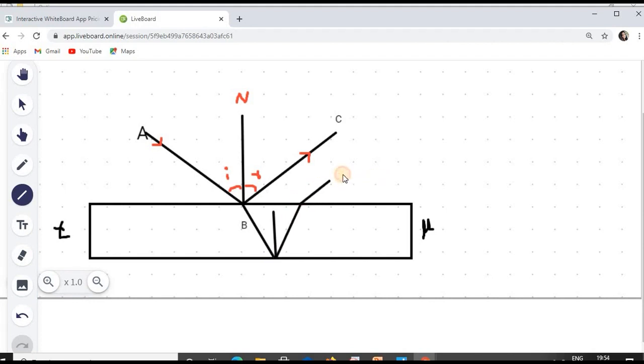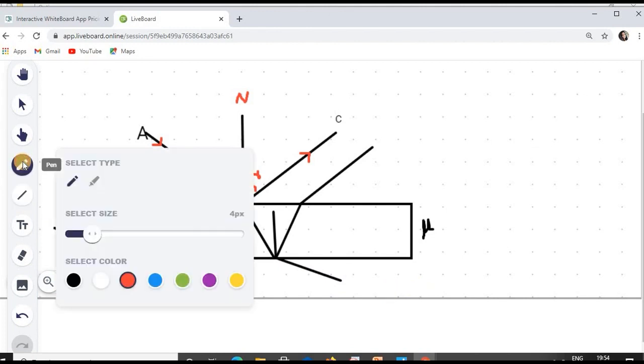It will be reflected, and this is the transmitted ray. Here also I'll have another ray which is transmitted, making an angle R.